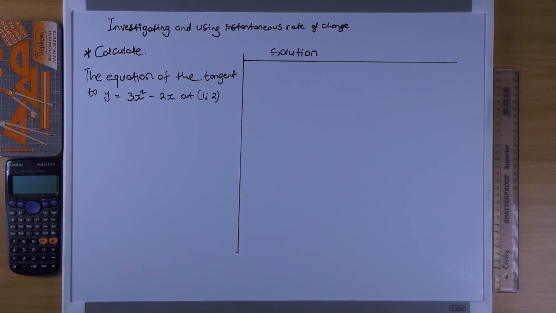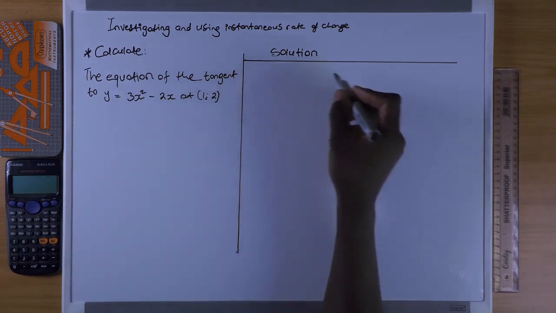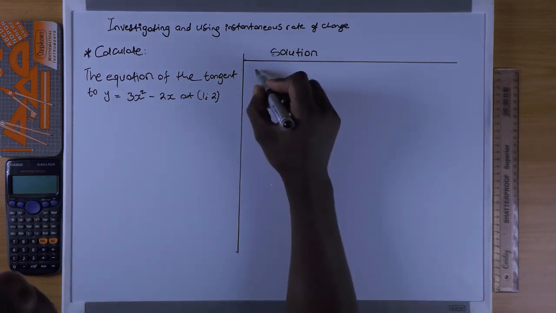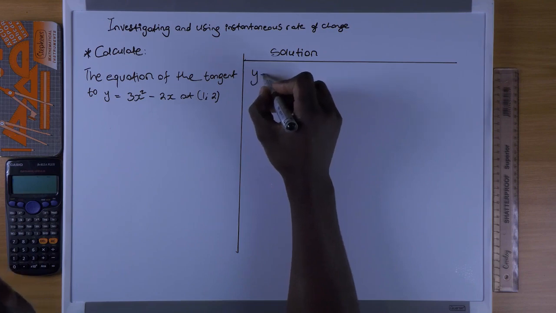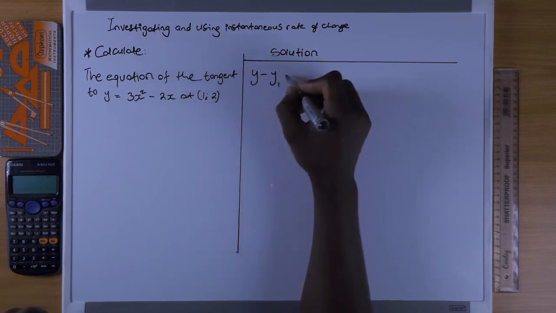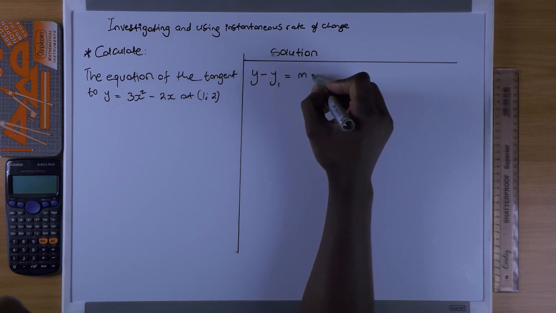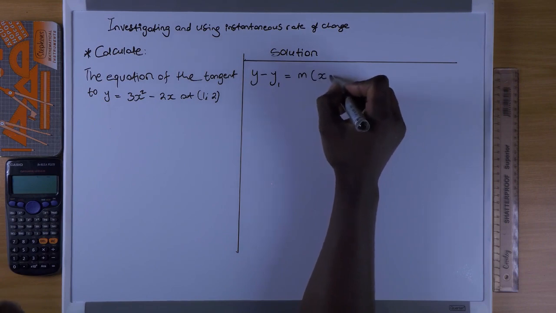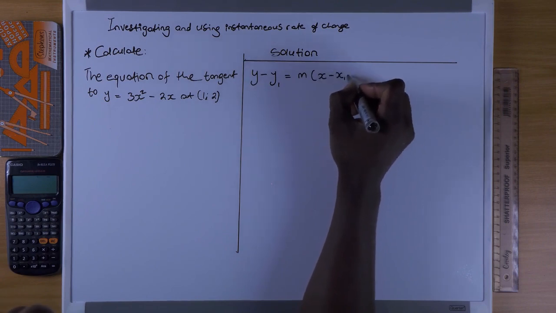We have to calculate the equation of the tangent to y equals 3x squared minus 2x at a particular point, 1 and 2. So, ladies and gentlemen, a tangent is a straight line, so the equation is y minus y1 equals m times x minus x1.